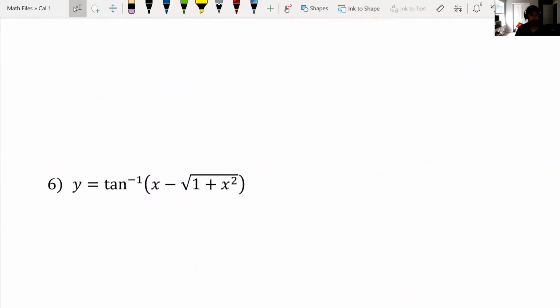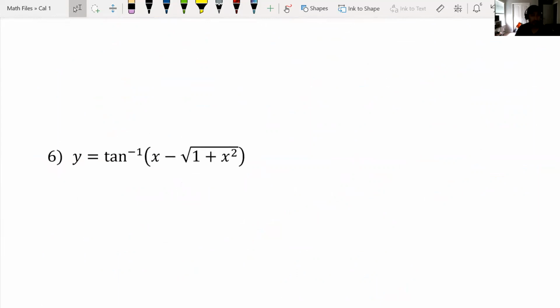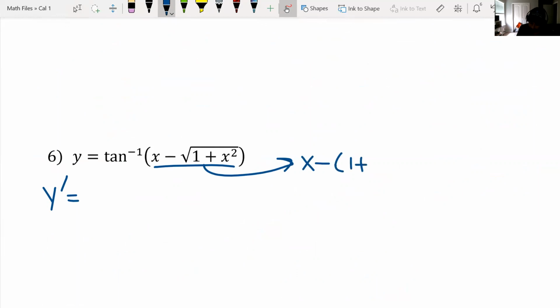Okay, so 6. Y equals the inverse tangent of x minus the square root of 1 plus x squared. Gross. This is going to be the chain rule derivative for the inverse tangent function. So here we go. I get y prime equal to the derivative of the inside function, right? So that derivative, well, first let me rewrite it as x minus (1 plus x squared) to the 1/2.